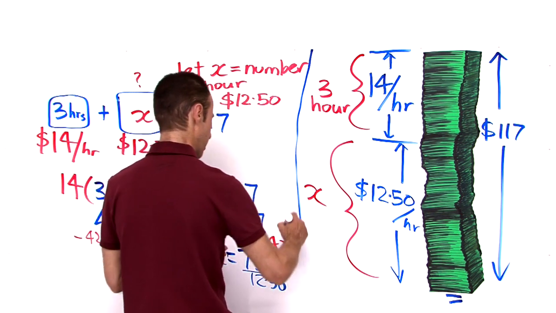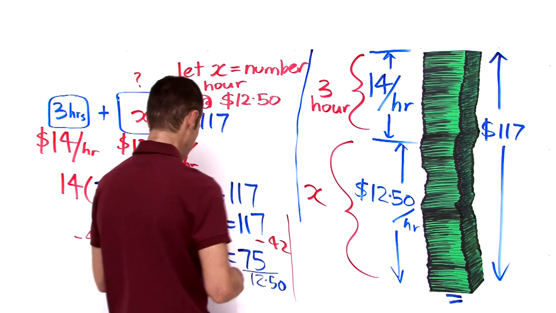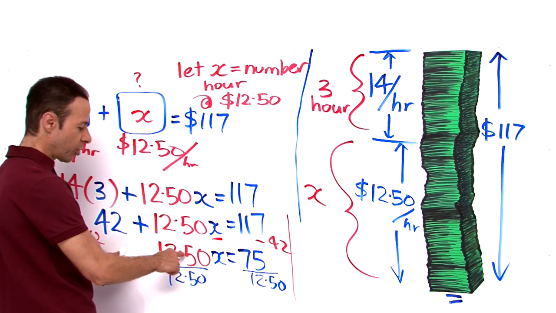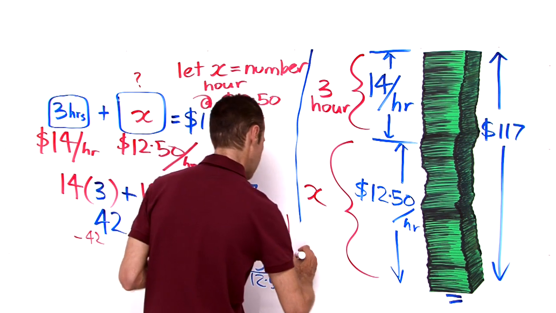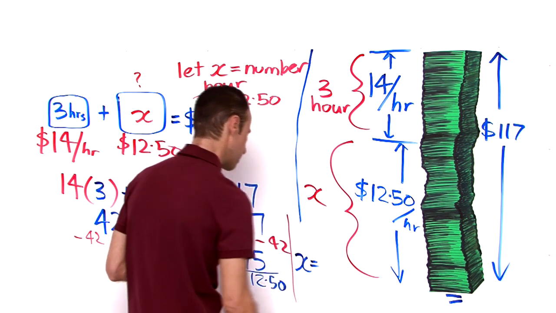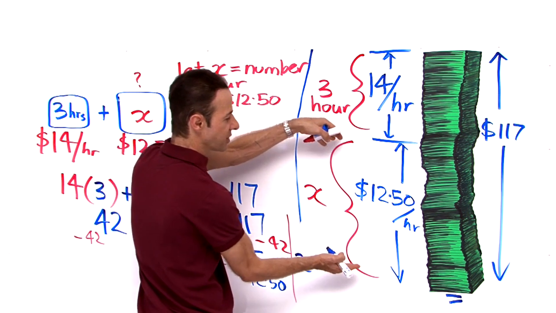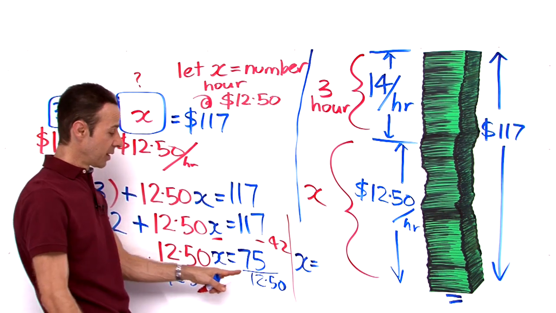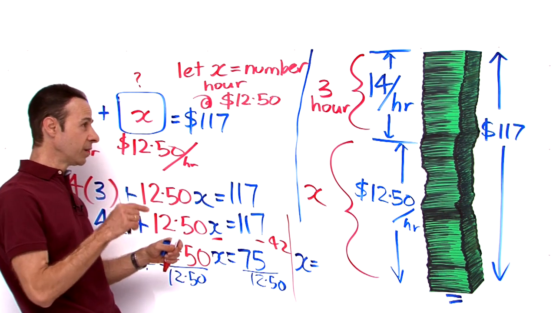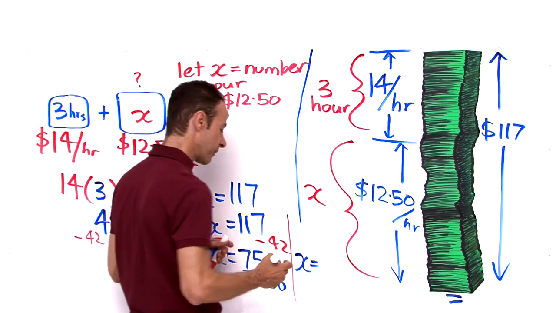So the value of X we're after, let me just put a line there. Value of X, right there, that's what we're after. 12.50 divided by 12.50 is X. X, the unknown, equals the number of hours that he has to work at $12.50. 75 divided by 12.50 on your calculator will give you a value of 6.